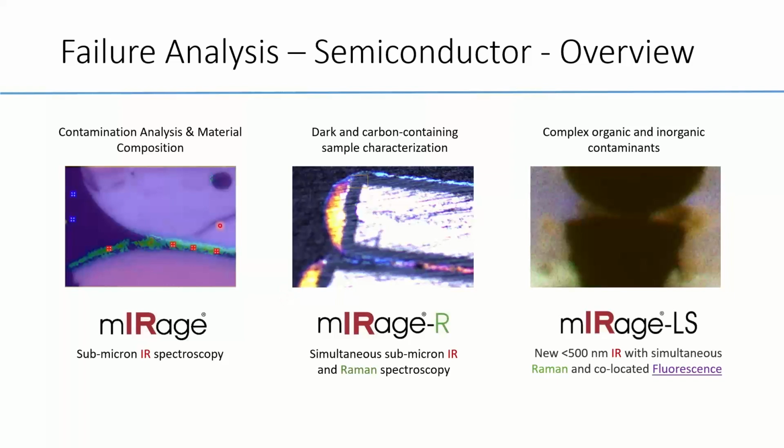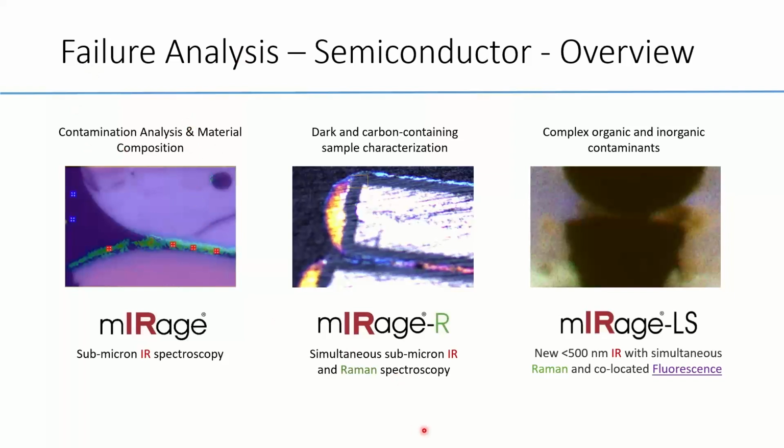I'll take you through an overview of the platform and its three versions and how each version benefits and the characteristics that it has. So I'll take you through initially the Mirage platform. The Mirage is an IR-only, base entry-level submicron system, and that's great for general material characterization and contamination analysis.